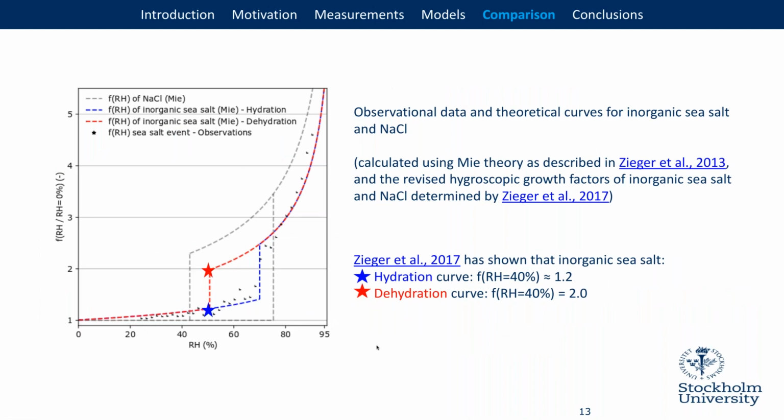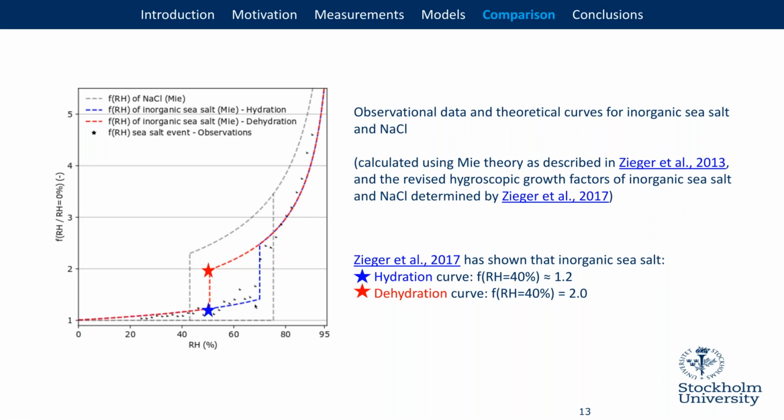So the second set of results that I want to show is how F of RH is varying with relative humidity. And before showing the results, I want to explain that we'll be comparing with observational data and theoretical values for inorganic sea salt and sodium chloride. So the green line is the theoretical curve for sodium chloride, and the blue and the red lines are the curves for inorganic sea salt.